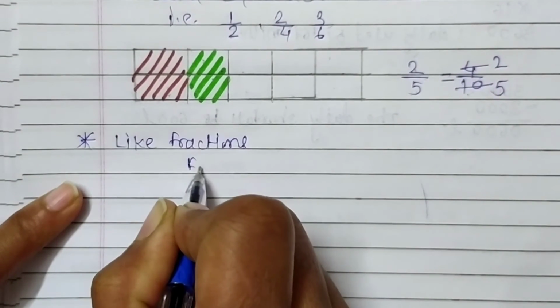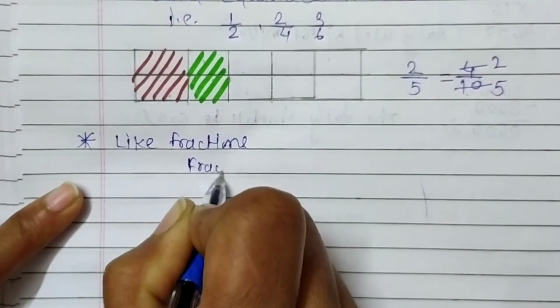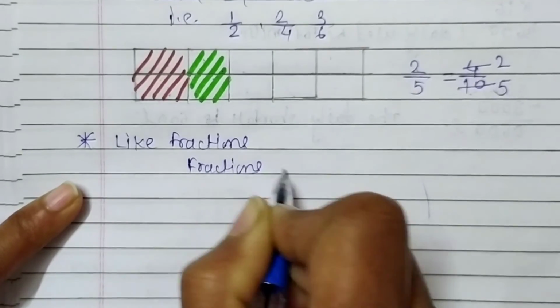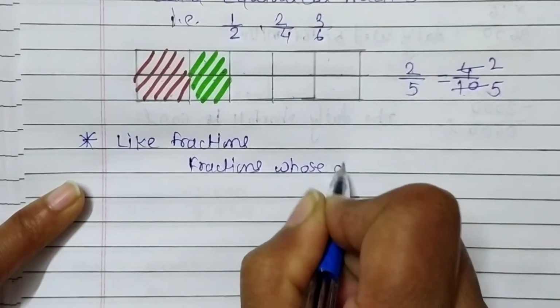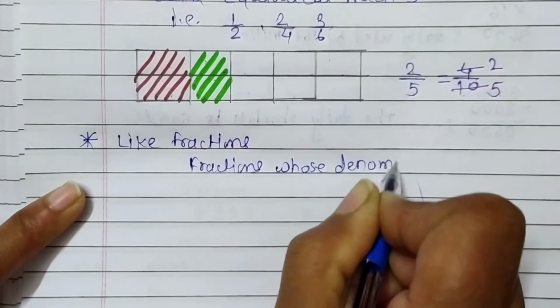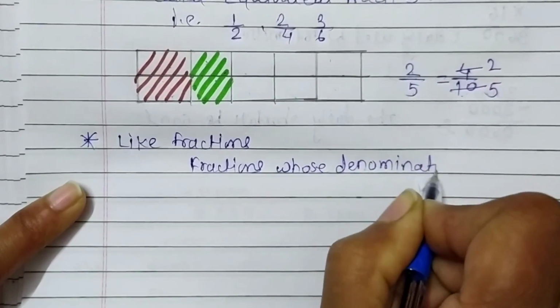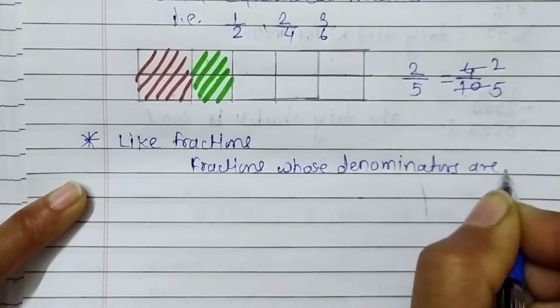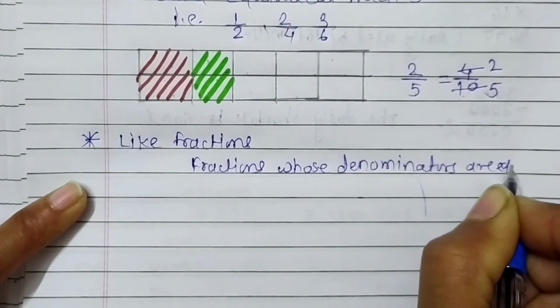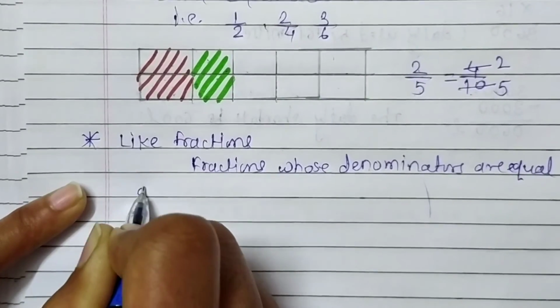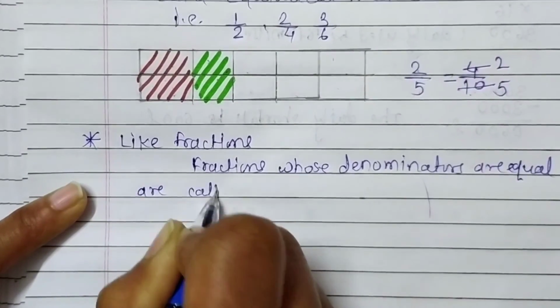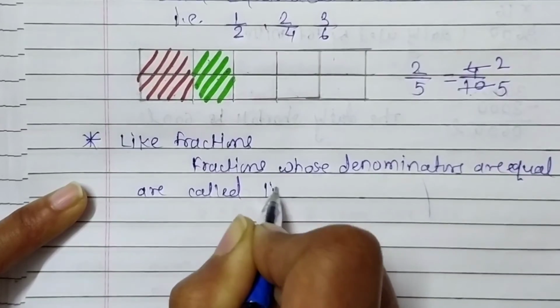The definition of like fractions is: fractions whose denominators are equal are called like fractions.